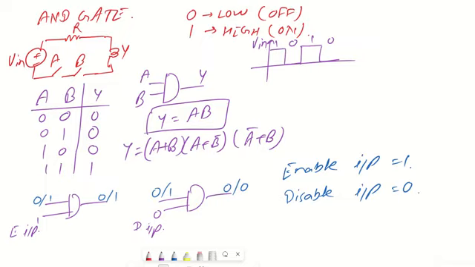Now let us talk about the OR gate. AND gate is done. For the OR gate, let us say we have a circuit with input plus and minus, a resistance, and then a bulb.